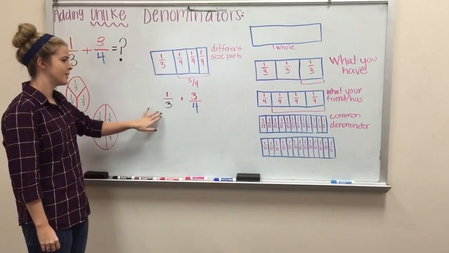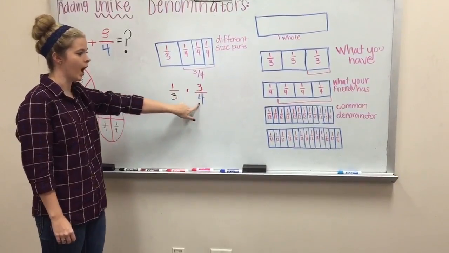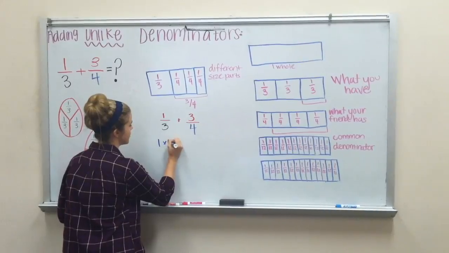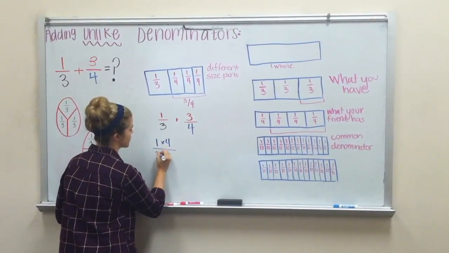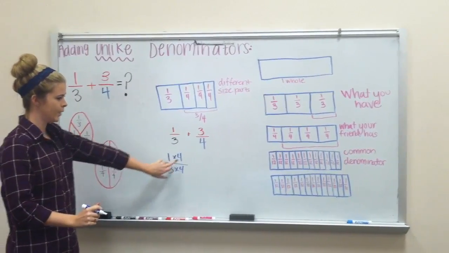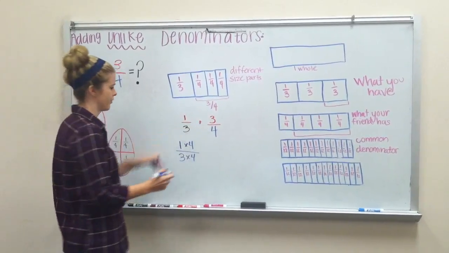One way to find a common denominator is to multiply the whole fraction by the opposite denominator. We're going to take 1 times 4 over 3 times 4. So we have our fraction and we have our opposite denominator. And we're going to do the same thing for our other fraction.